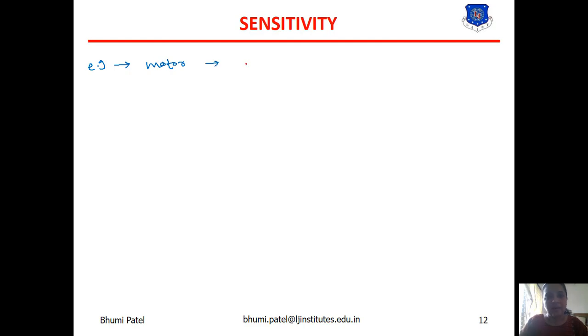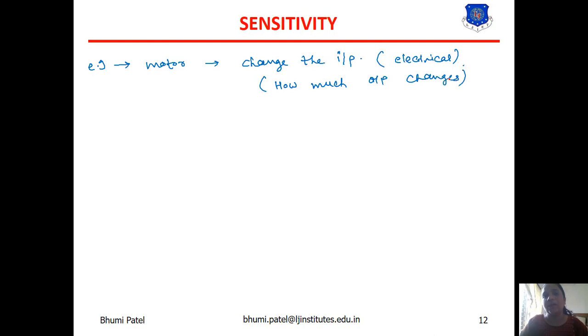Whenever we change the input of the motor, all of you know the input of the motor is electrical. So whenever we change the input of the motor, how much does the output change? This is defined by the sensitivity of the system.